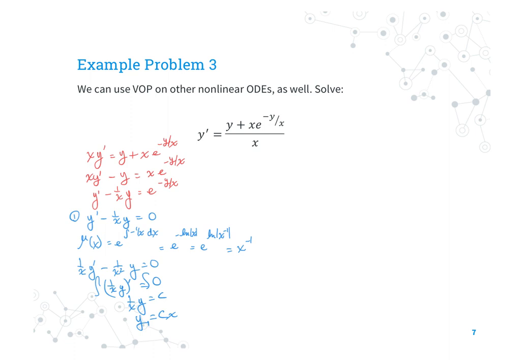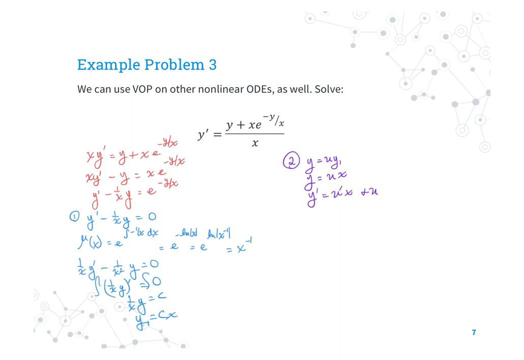So as ugly as this one looks compared to the last one, the process is a little bit easier on this one, because now we're going to let y = u y1. In this case, then y is going to be ux, and y' then will be u'x + u by our product rule.